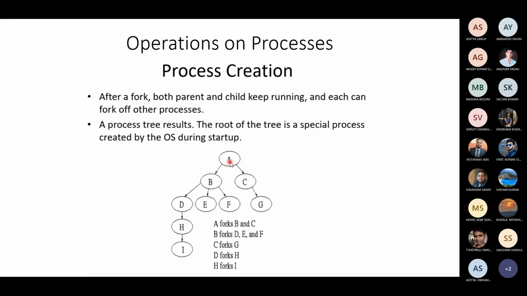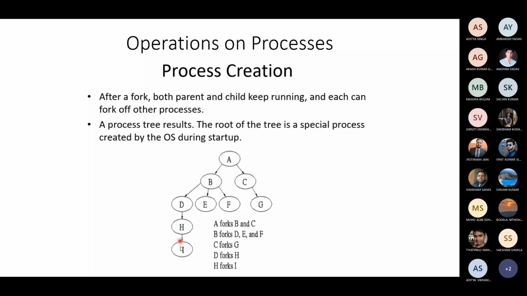Let us assume the first program loaded is A. After running some processes, A can create B and C. In other words, A forked B and C, B forked D, E, F, and G was created from C, and from D, H and I. You can say that A forks B and C, B forks D, E, F, C forks G, D forks H, H forks I.